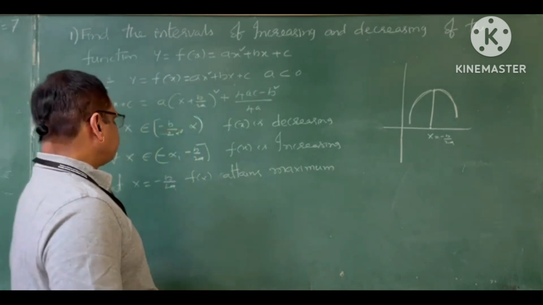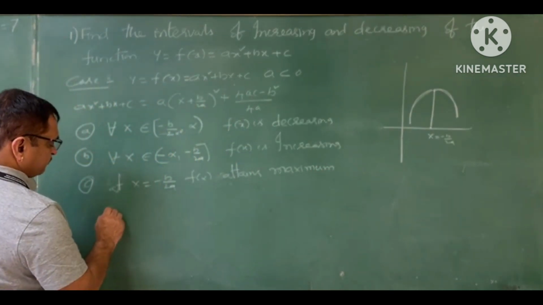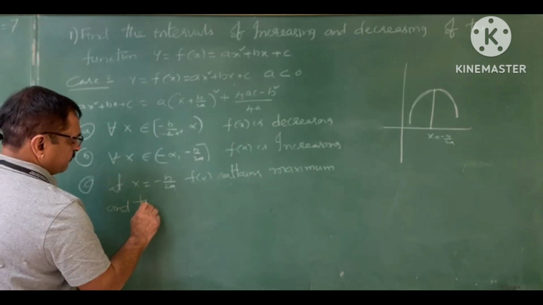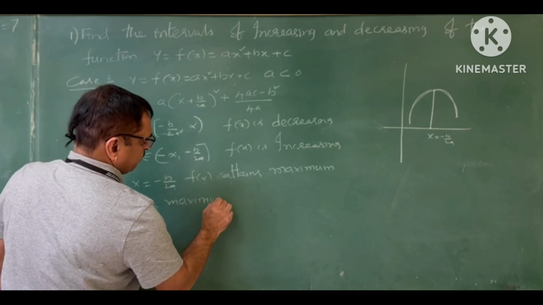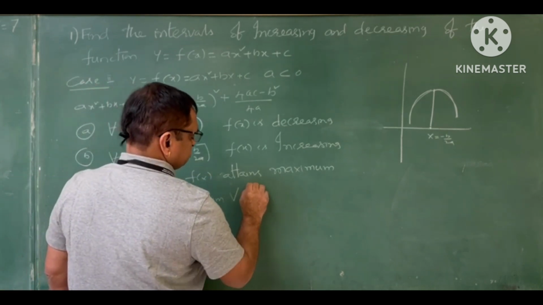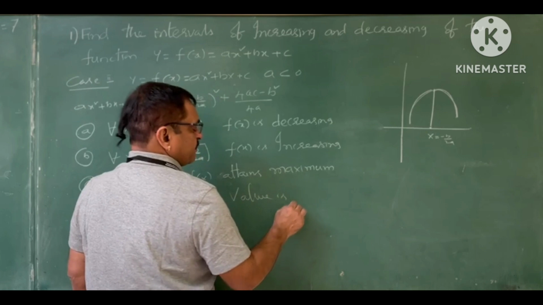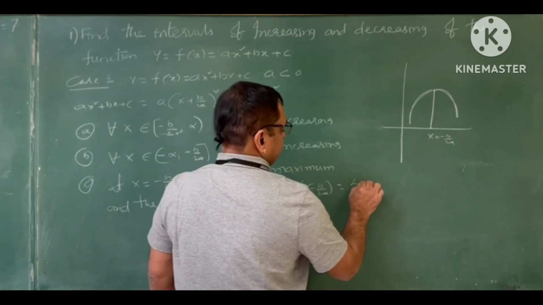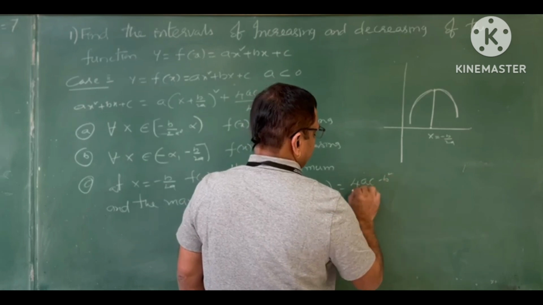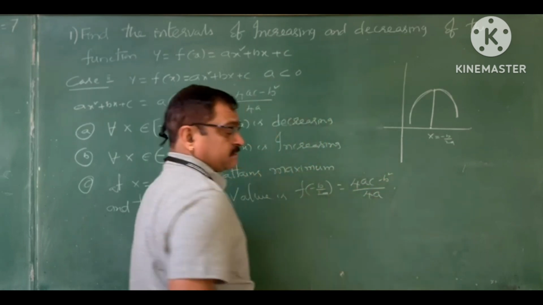And what is the maximum value? The maximum value is f of minus b by 2a, which is nothing but 4ac minus b square by 4a.